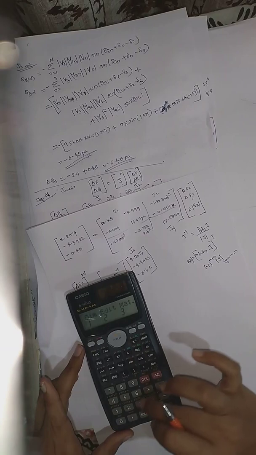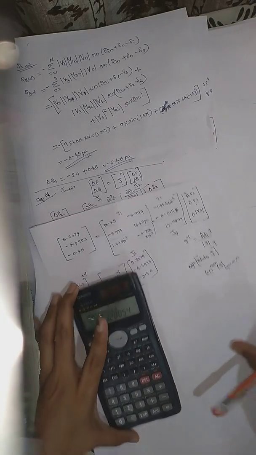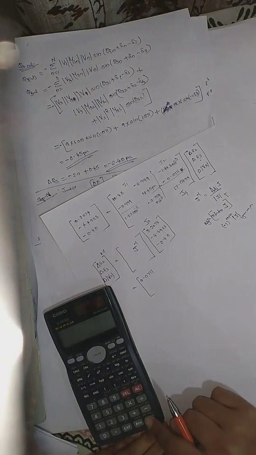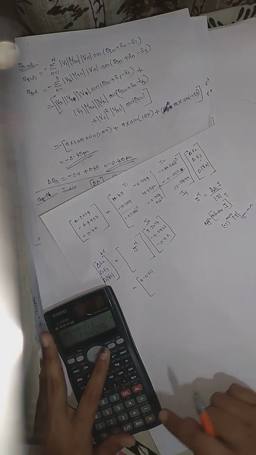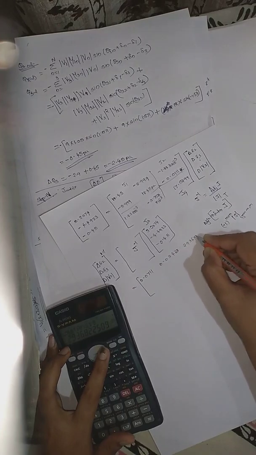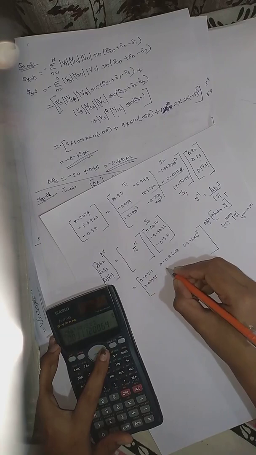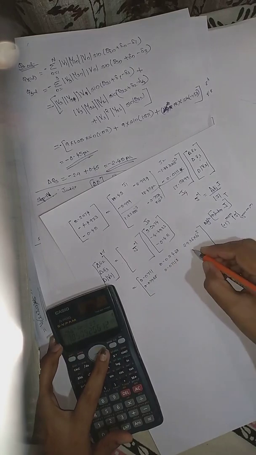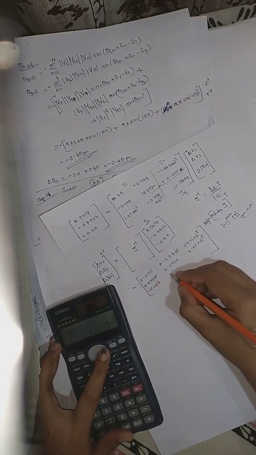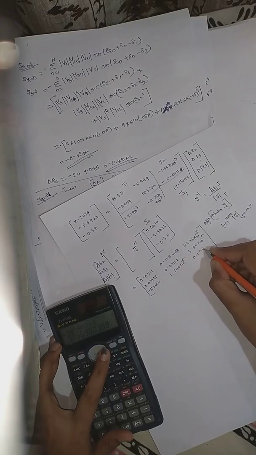Shift matrix 3, 1, matrix inverse. I will get the inverse value as 0.0711, then 0.03468, then 2.936 into 10 raised to minus 5, and the 21 element is 0.03468, 0.0711, and 4.86 into 10 raised to minus 5, and minus 5.2886, and 1.160 into 10 raised to minus 5, and 0.05698.